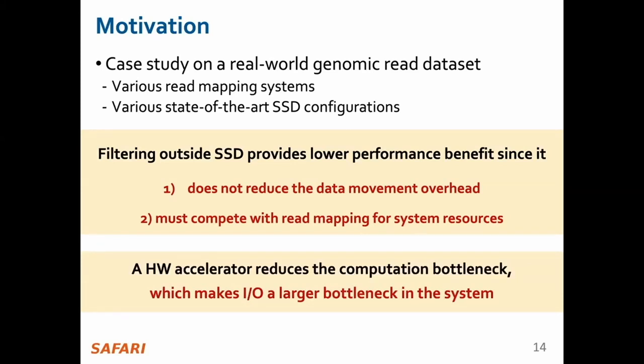So we have discussed several approaches that greatly reduce the performance overhead of read mapping in the previous lectures. And by leveraging these advanced optimizations, we observed that since the computation overhead is becoming much smaller, it becomes even more critical to address the IO bottlenecks because the relative overhead in the system increases.